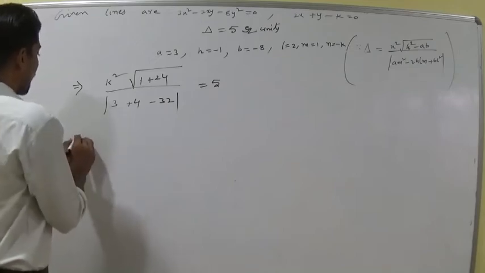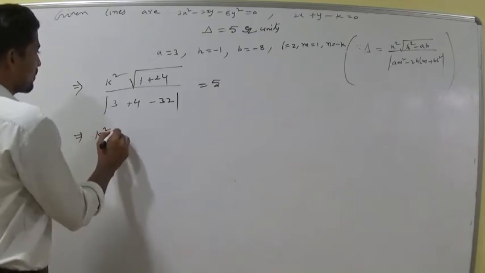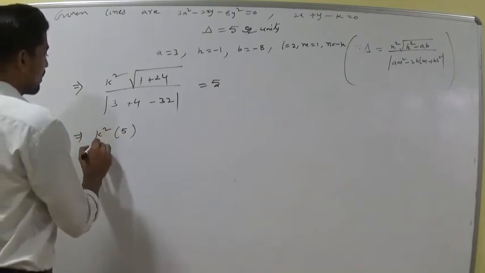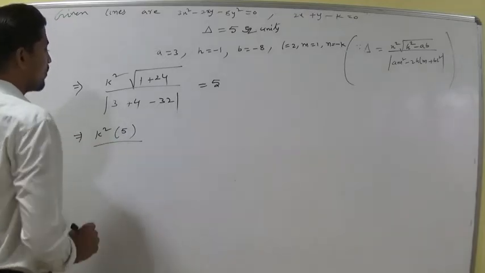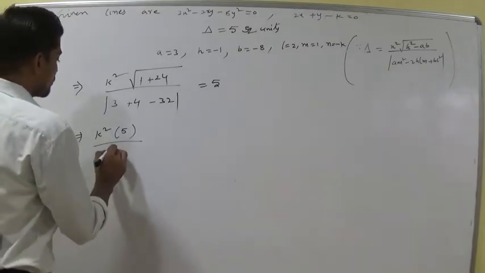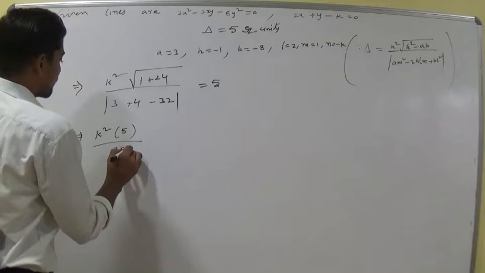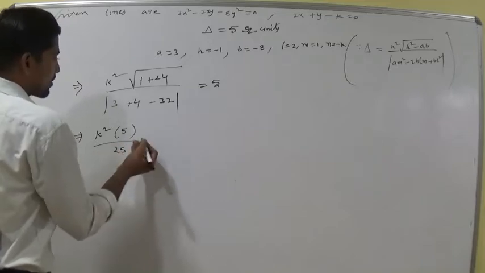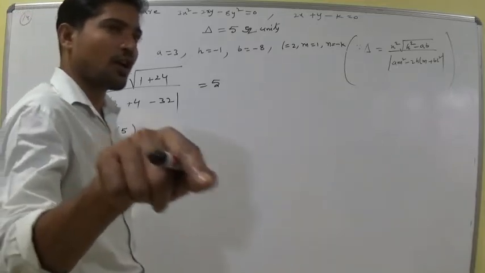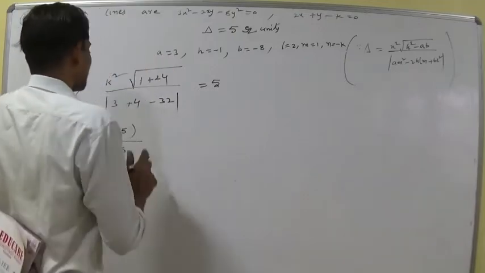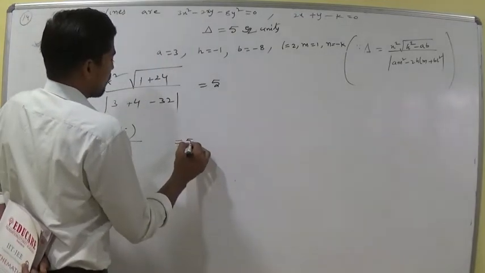So k square into 5 by modulus of 25. Modulus of minus 25 becomes positive 25, equal to 5.